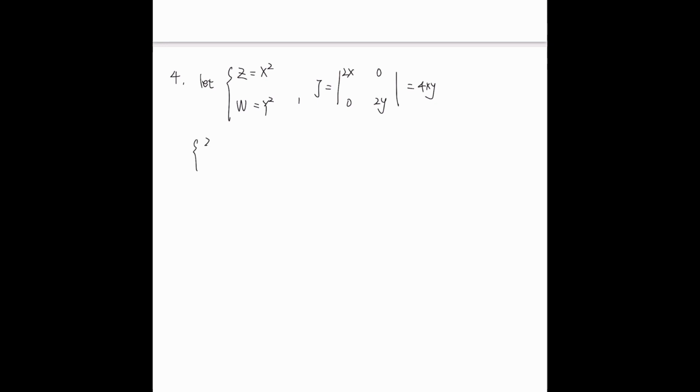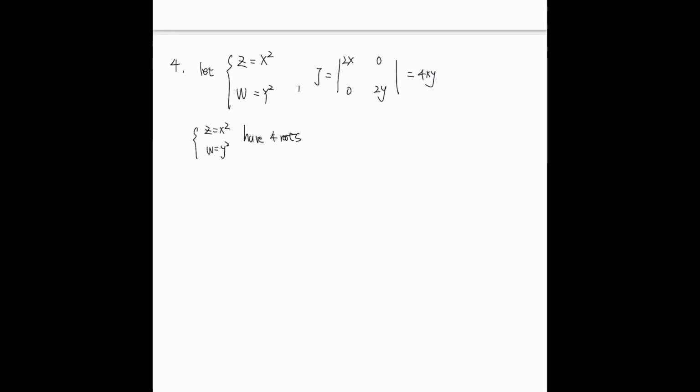And z equals x squared, w equals y squared have 4 roots. So J_i equals 4 times square root of z times square root of w, i equals 1, 2, 3, 4. Z is greater than or equal to 0, less than or equal to 1, and w is greater than or equal to 0, less than or equal to 1.